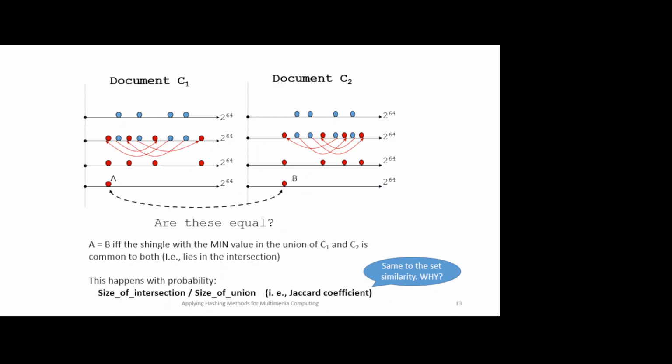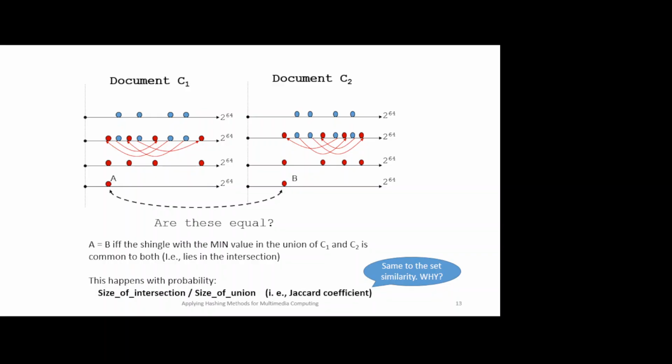So what's the probability they will have the same min hash? If A and B are equal, it means their shingles, after the permutation and extracting the minimum values, will be the same. What's the probability?